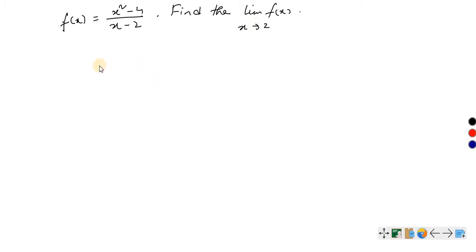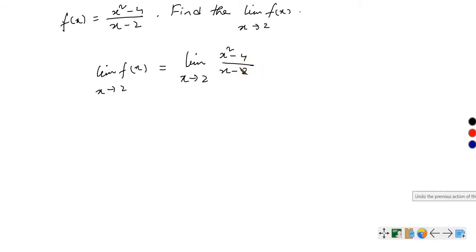So what we can do here, let us write limit f of x as x approaches 2 is equal to limit x approaches 2 of x square minus 4 by x minus 2.